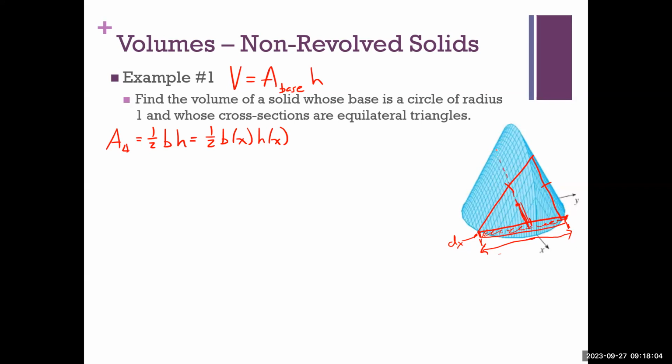Because if I project the x-axis going backwards and the y-axis going down the center of this circle, the base length is going to be how far to the right it extends minus how far to the left it extends. So basically y minus negative y. So for now, I'm going to say that the base is equal to 2y.